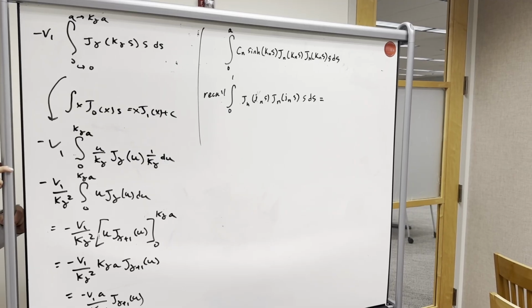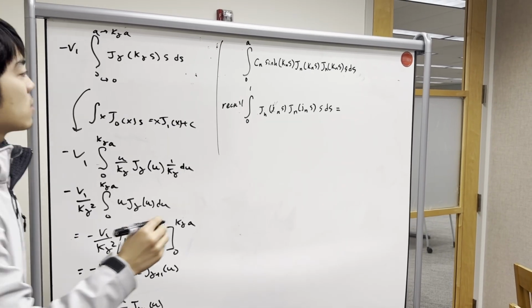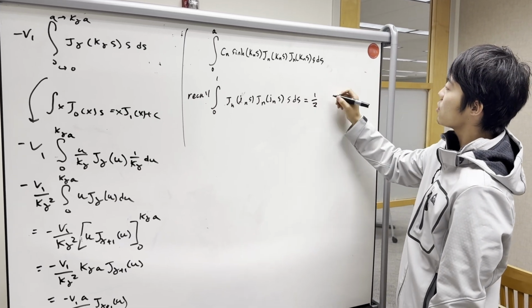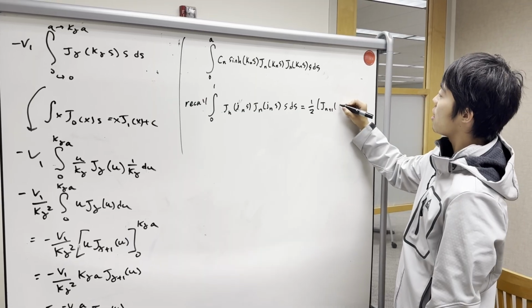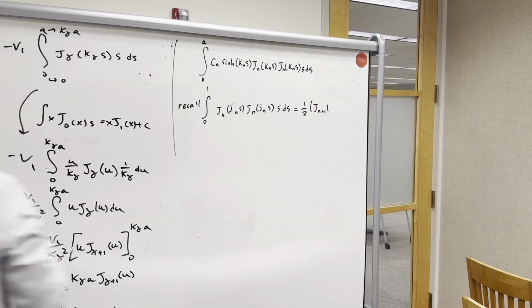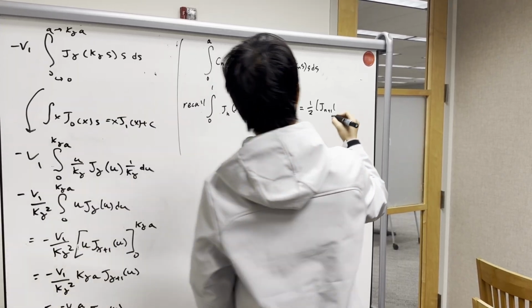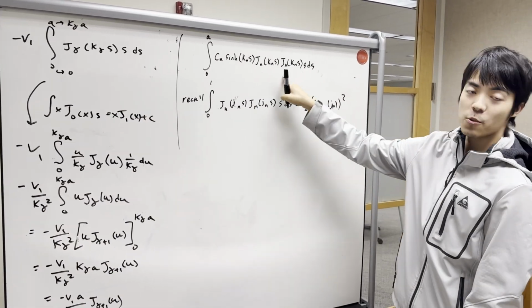Right, the Kronecker delta, 1/2 times Jn squared. So again, if they're equal, Kronecker delta over 2 of Jn plus 1. And let's see, do we have an equation there? It would just be Jn squared.